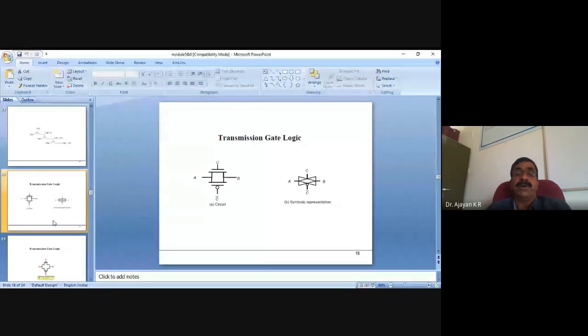VGS of PMOS is always VDD because A is not changing, only B is charging or discharging.